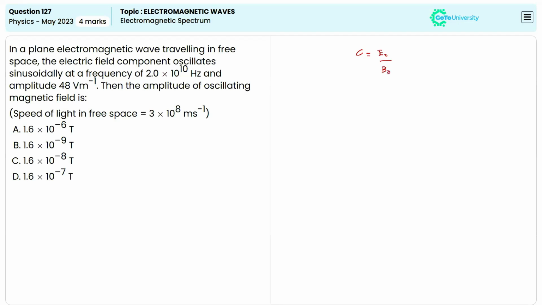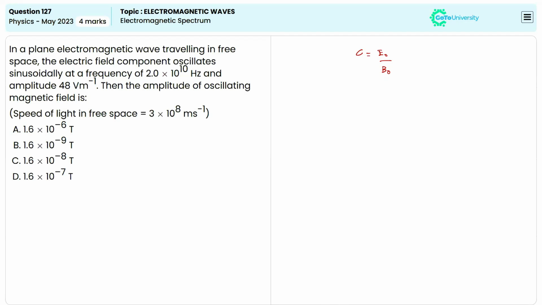Here E naught represents the electric field amplitude and B naught represents the magnetic field magnitude, right? It's known that C here represents the value of 3 times 10 to the power 8 meter per second.